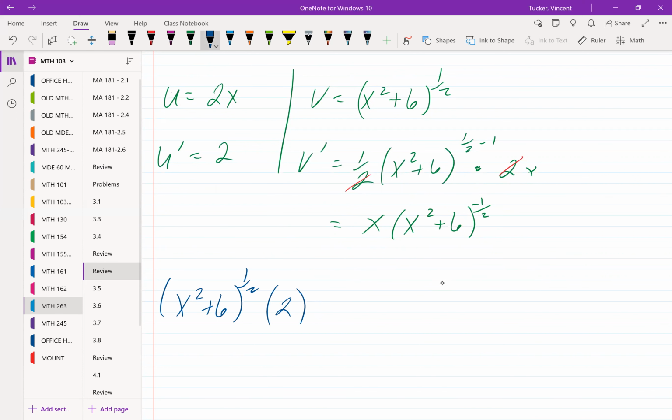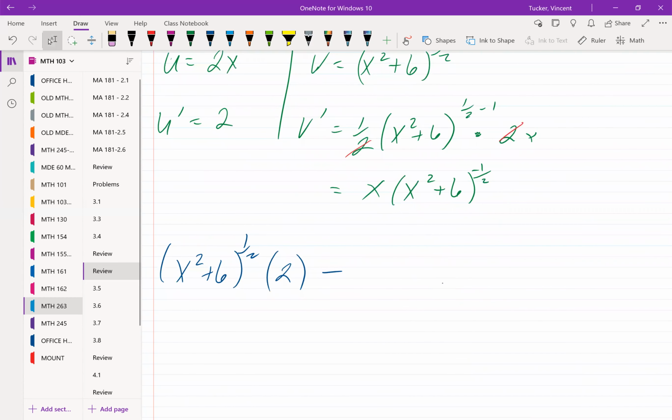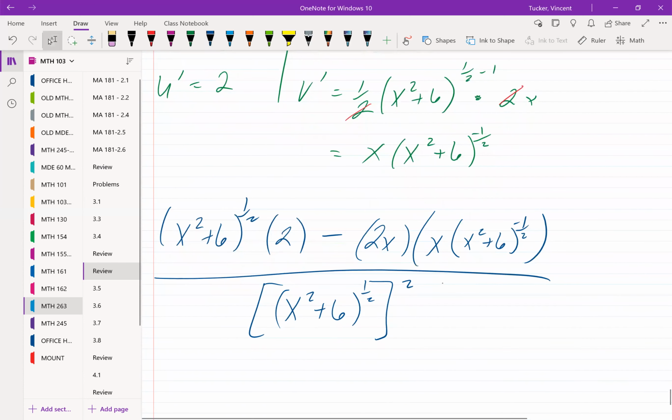And then minus u, which is 2x, times v prime, which is x times x squared plus 6 raised to the negative 1/2, all over v squared, which is x squared plus 6 to the 1/2, squared.